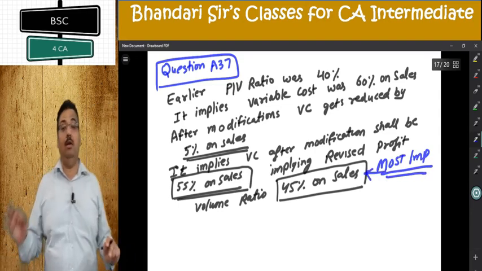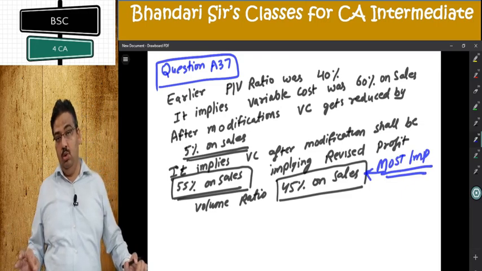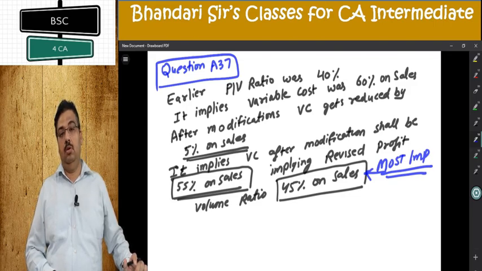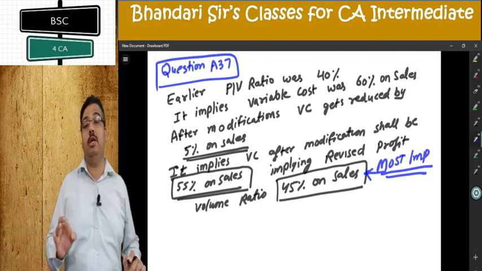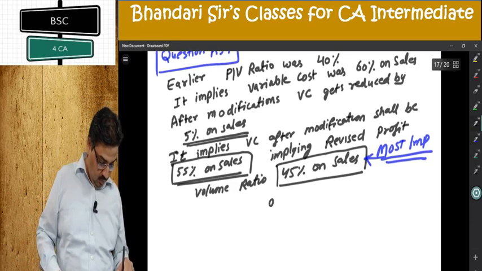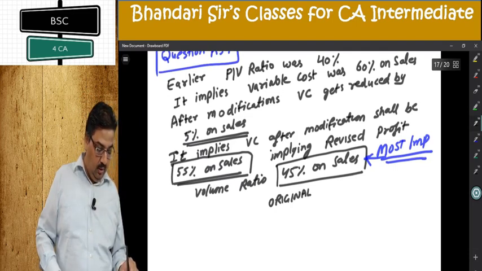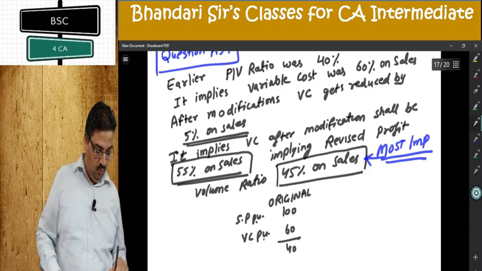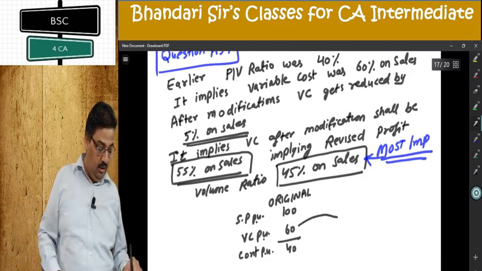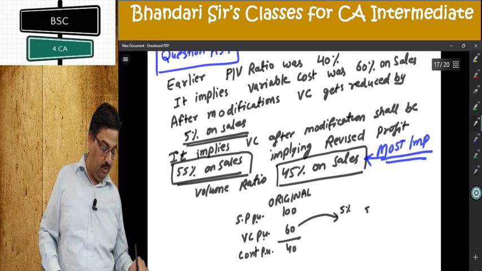If you can't get the revised PV ratio, no part of the question can be dealt with correctly. Try to understand, if the words 'on sale' were not there, then what will happen? Originally, if selling price per unit was 100, 60 was variable cost, 40 was contribution per unit. If the words 'on sale' were not there, then this reduces by 5% and becomes 57.